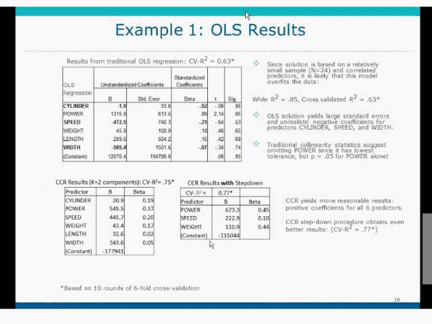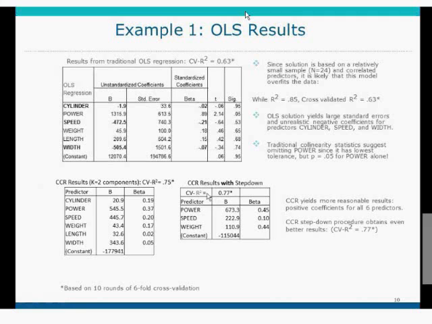Now, the other thing that we'll be talking about is an optional step-down algorithm. If we wanted to try to reduce the number of predictors, if there turn out to be extraneous predictors where the regression coefficient was 0, we'd want those to go away. And in the CCR with the step-down algorithm, we end up with 3 predictors, which gives a higher CV R squared.